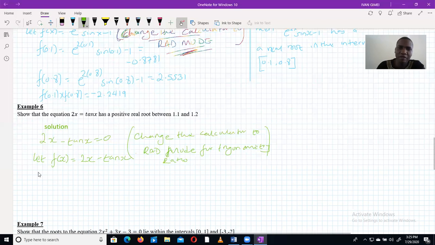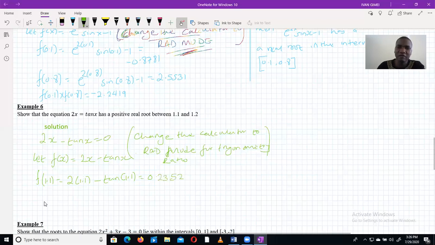So at this point, my f of 1.1 will be the same as 2 times 1.1 minus tan of 1.1. What does this give me? On the calculator, we shall have 0.2352.